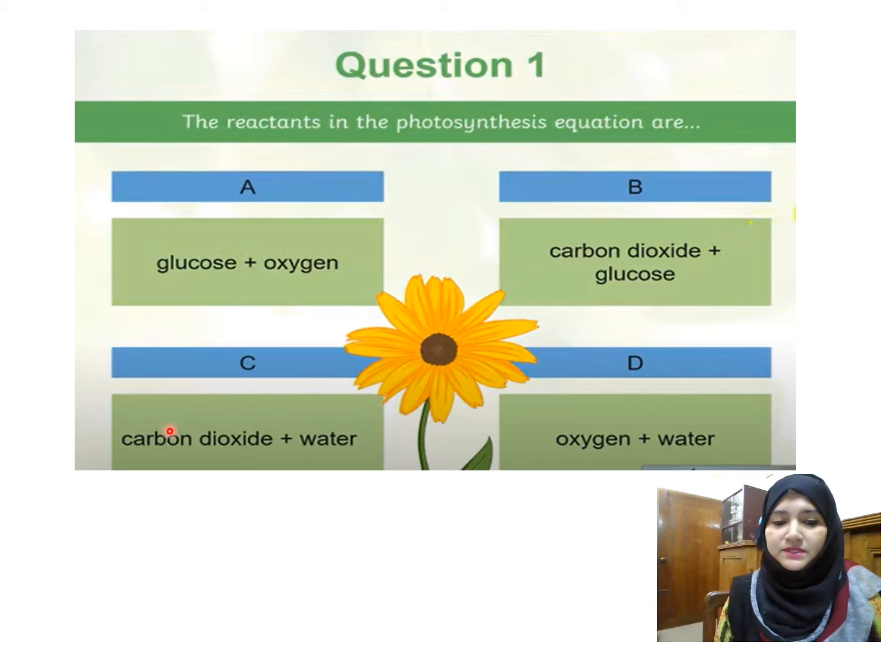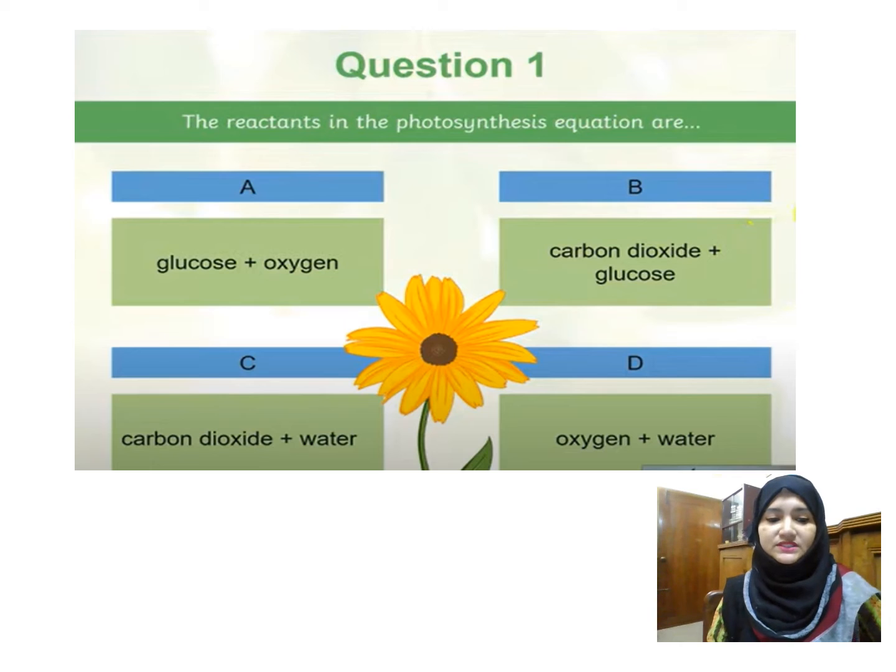And try to remember, students, we have already discussed that. The correct answer is the reactants. That means the ingredients with which we start the photosynthesis reaction, and these are carbon dioxide from air and water from soil. That means the correct answer is C.